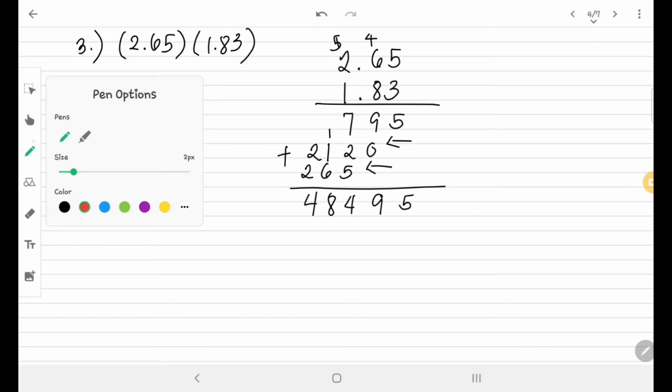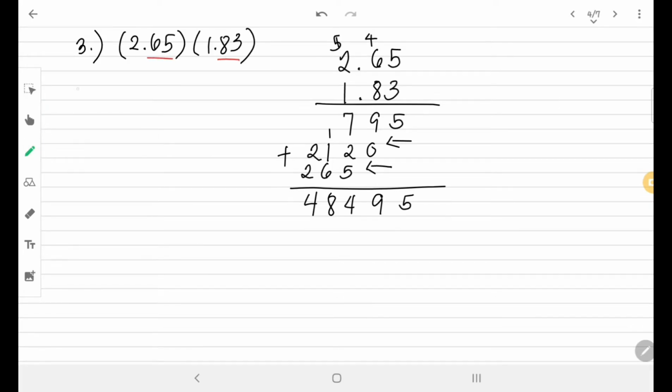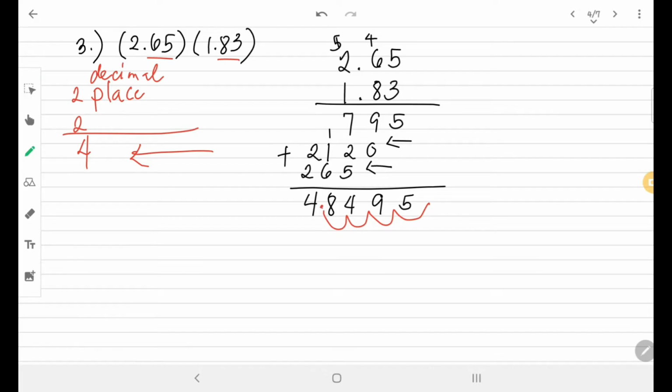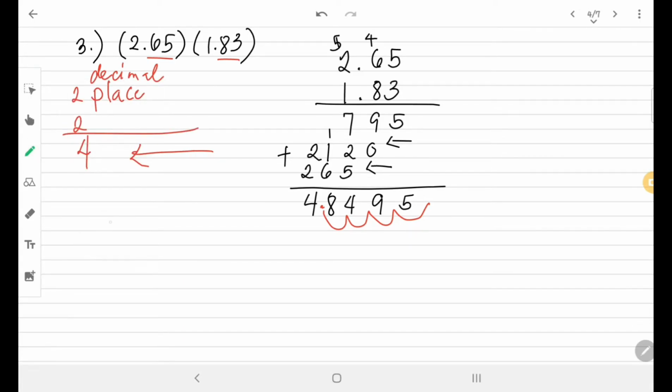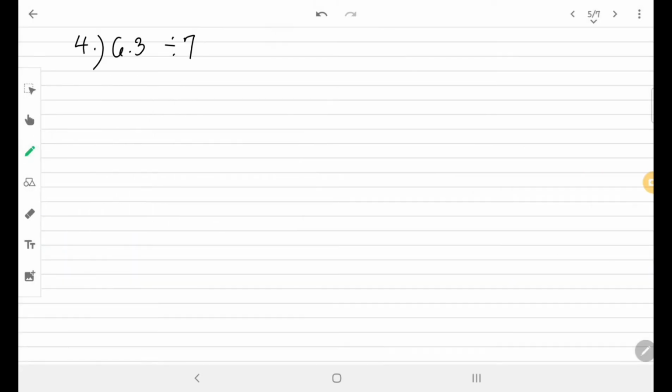Then let's count the decimal places. Two here, and two. The first given has two decimal places, and the second one has two again. So that's 4 moves from right going to left: 1, 2, 3, 4. Here we stop, and that's where our decimal point goes. So our final answer is 4.8495. Okay, let's now have the division of decimals.